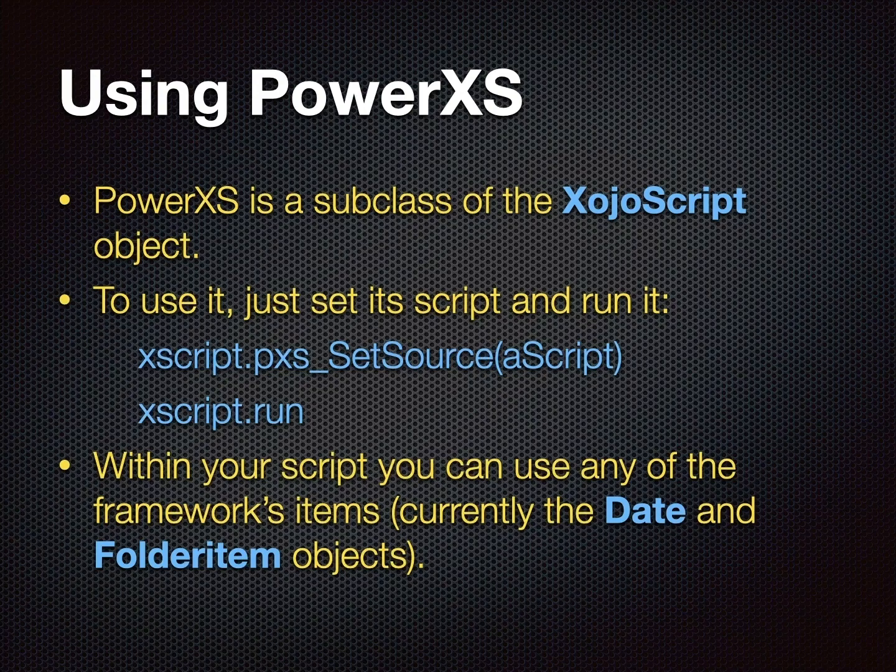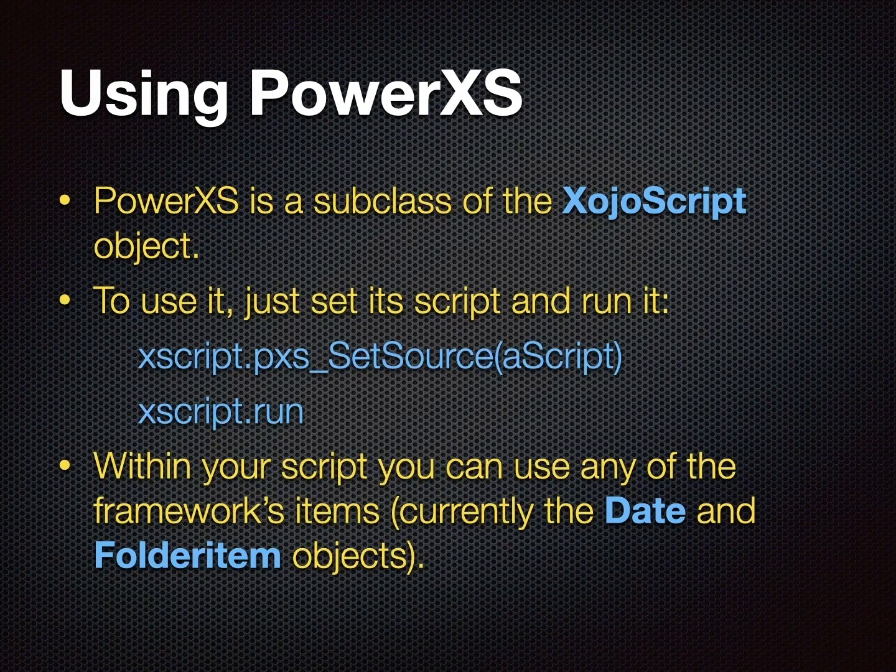The reason for that is PowerXS is a subclass of the XojoScript object. So anywhere you have a XojoScript in your program, you can just replace it with a PowerXS object. It'll still work exactly the same. The only real difference is the set source command that you see here.